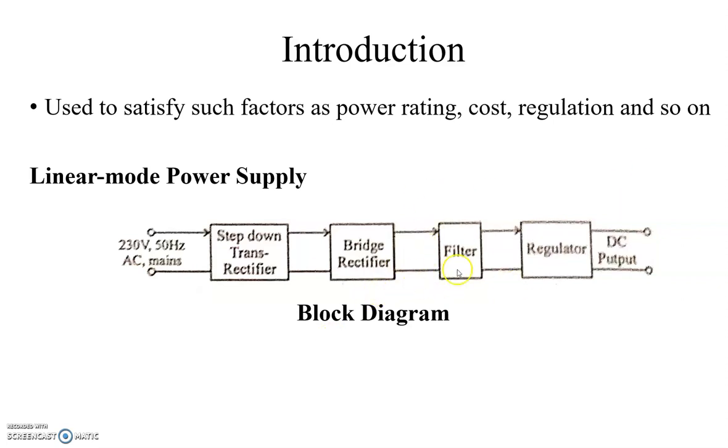The filter block is used to remove the unwanted ripple content of this pulsating DC voltage, and so we get pure DC output. The output of the filter is passed to a regulator, which gives a stable DC output that is independent of load variation and input supply fluctuations.